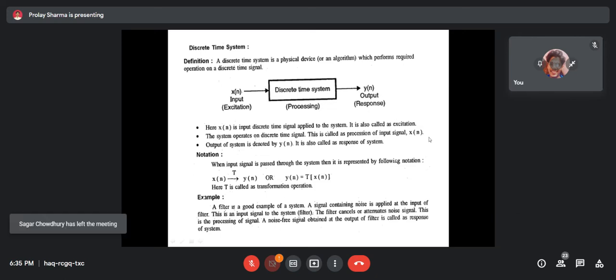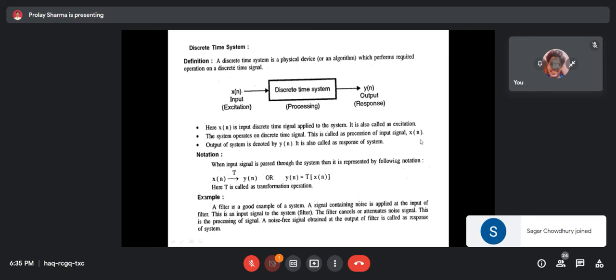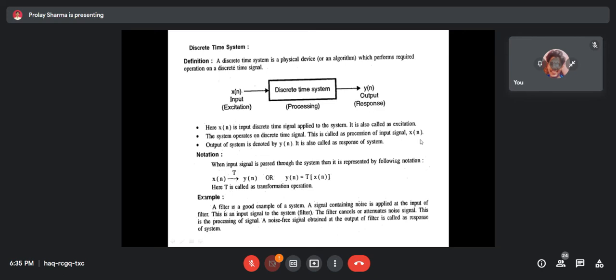If we give the formal definition of a system, we can consider the definition to be like this: a discrete time system is a physical device or an algorithm. Because as we are coming to the digital signal processing domain, everything can be programmed, so in brackets it is written algorithm.